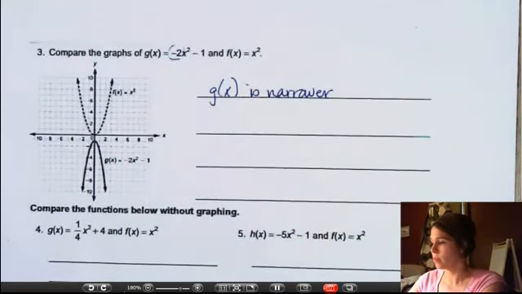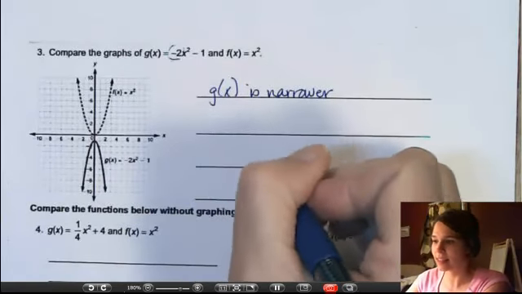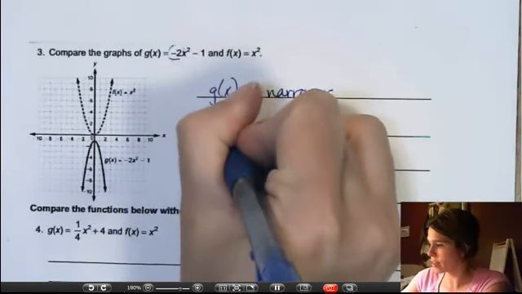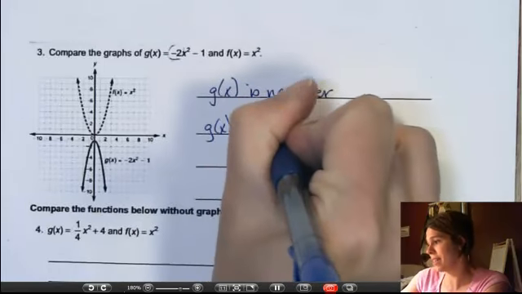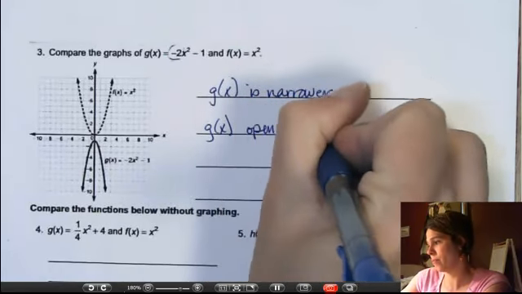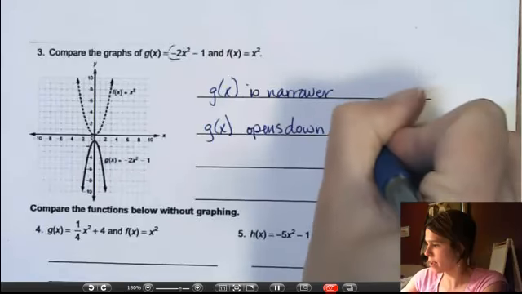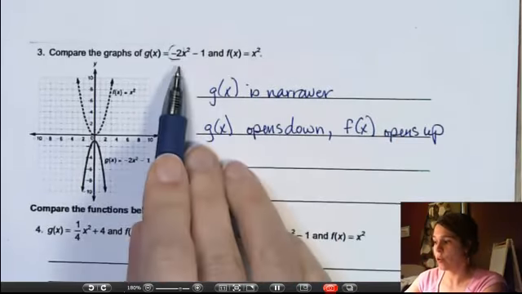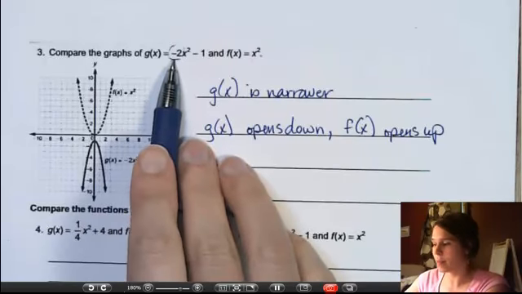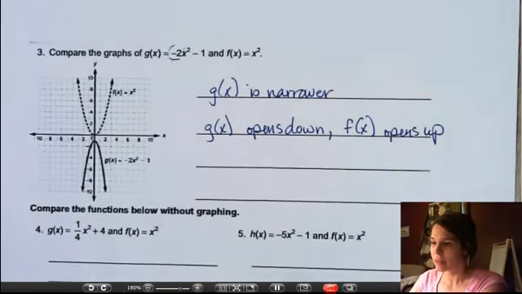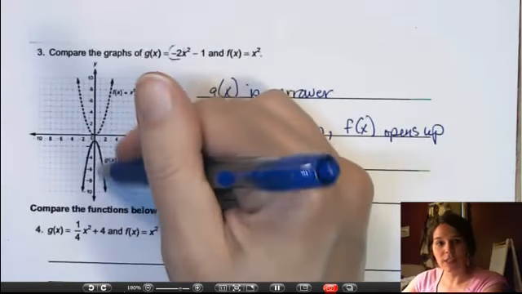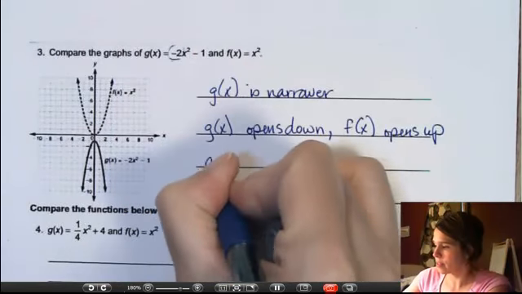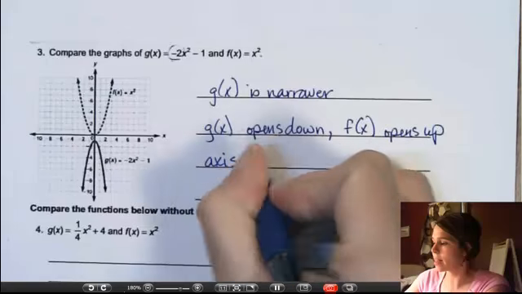Okay. Well, they don't open the same way. I can say that g of x opens down, f of x opens up, and according to their equations, because this is negative, that makes sense, and this one's positive. The axis of symmetry is the same. It's the y-axis, and it's important to state that at this point.